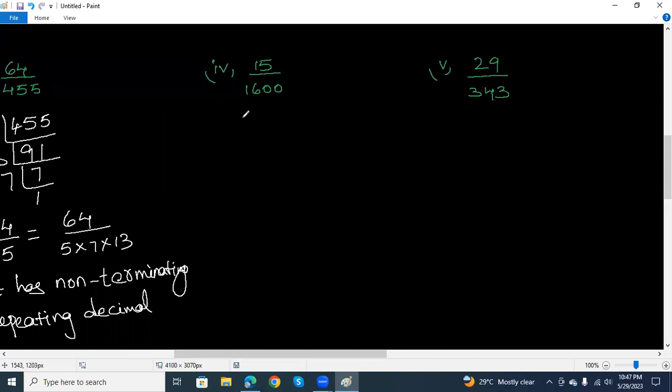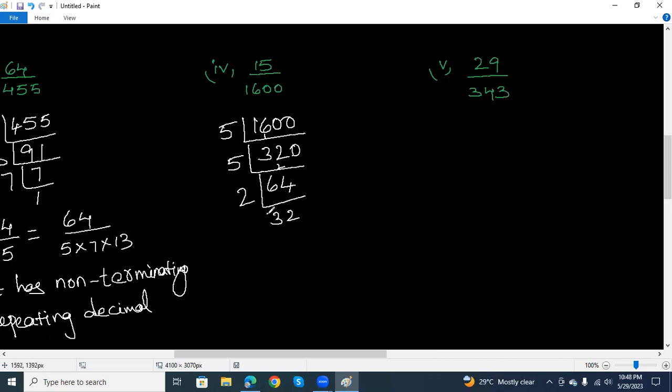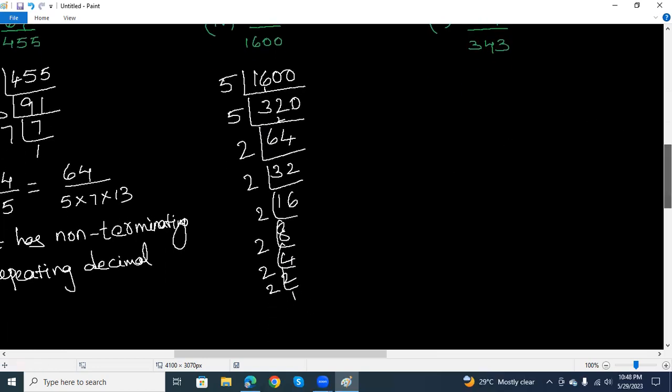Next, 15 by 1600. So 1600 divided by 5. 5 threes are 15, 1 is remainder. 5 twos are 10, 20. Again 5. 5 sixes are 30, 2 is remainder, 20. 5 fours are 20. Now 2, 5 doesn't go. 2 threes are 6, 2 twos are 4, 2 sixteens are 32, 2 eights are 16, 2 fours are 8, 2 twos are 4, 2 ones are 2. So we can put this denominator in the form of 2 power n.